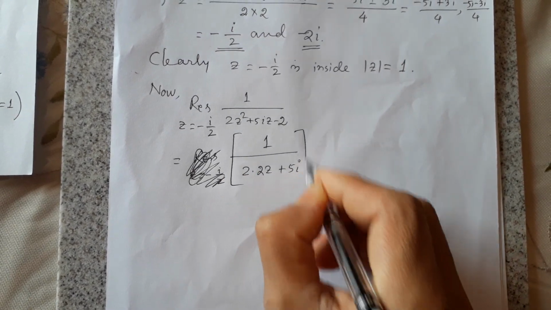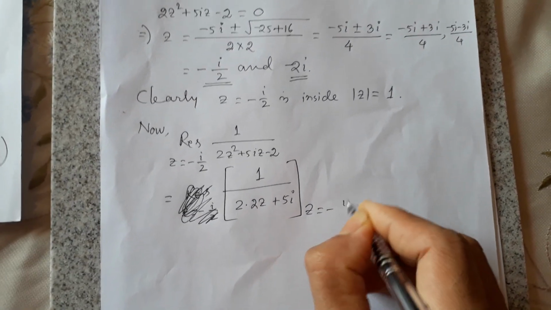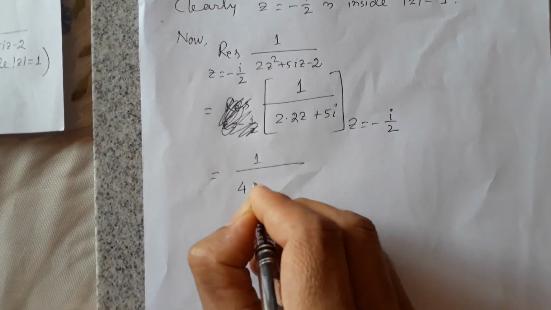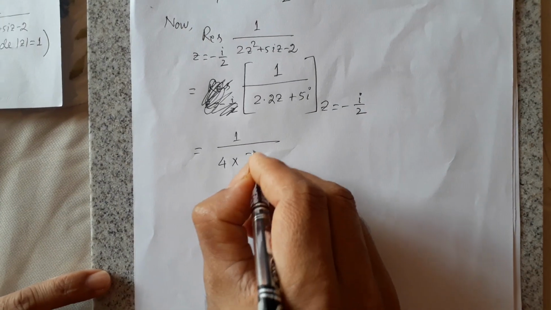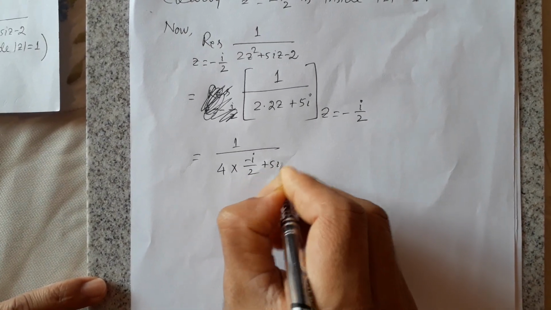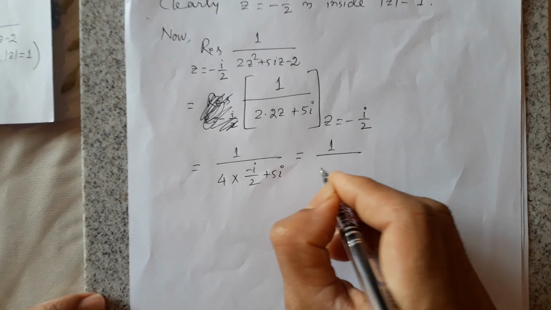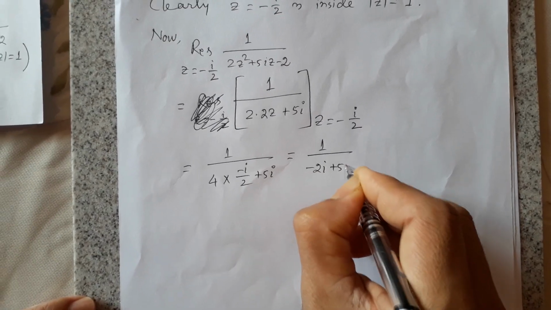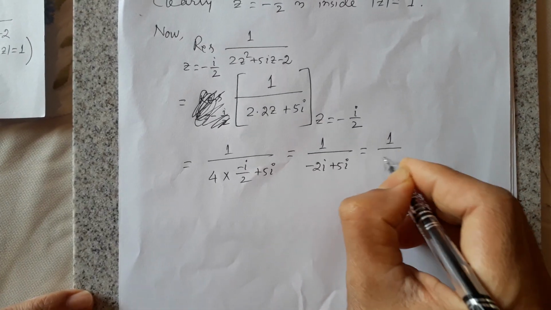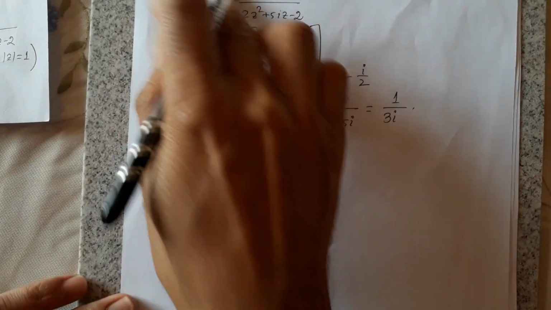So the residue is this evaluated at z equal to minus i by 2. And what is the value? It is 1 by minus twice i plus 5i, and that is equal to 1 by 3i. So the residue is this.